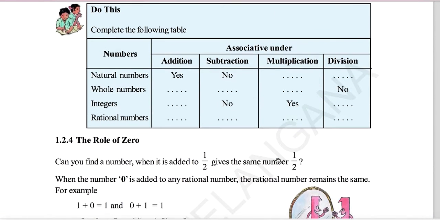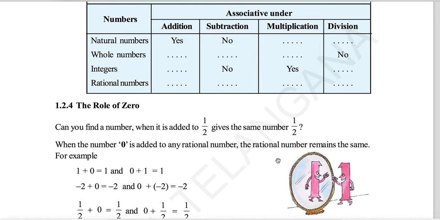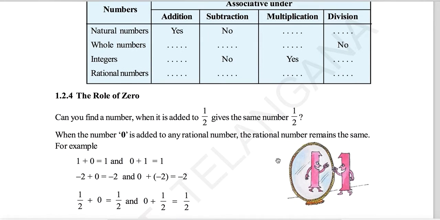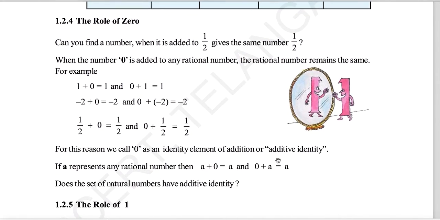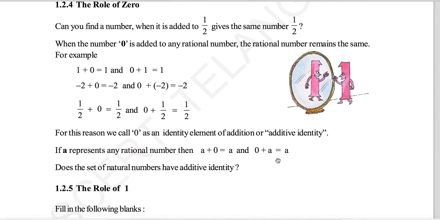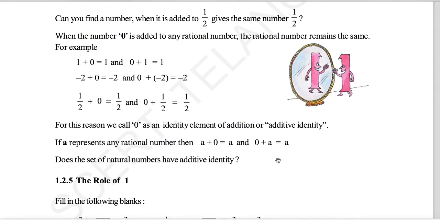Okay. Complete the following table. From the discussion above, you can easily complete the following table. What is the role of 0? You can find a number which, when added to 1/2, gives the same number 1/2. That number is 0. If 0 is added to any rational number, you will end up getting the same result.